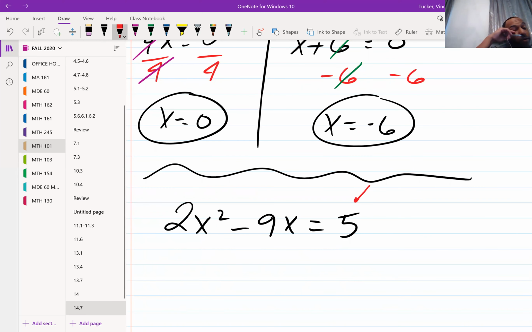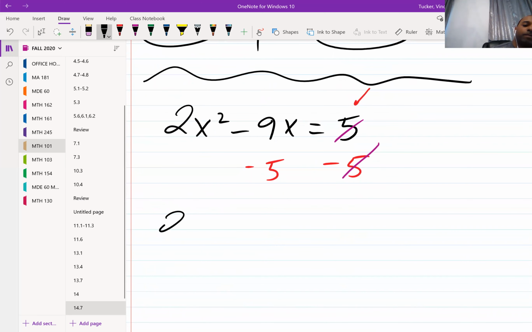So we have that 5 on the right. We need to subtract 5 from both sides so that one side, once again, is set equal to 0. So this is our new equation. That 5 you cannot combine with the 9x or the 2x squared because they're not like terms. So you just have 2x squared minus 9x minus 5 equal to 0.